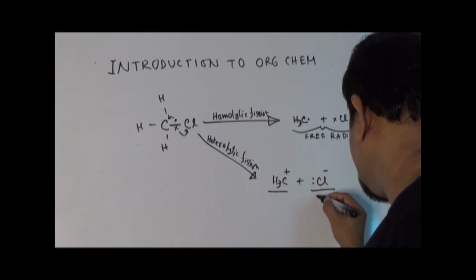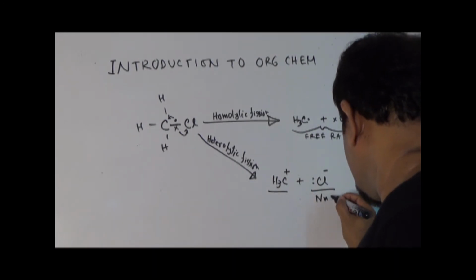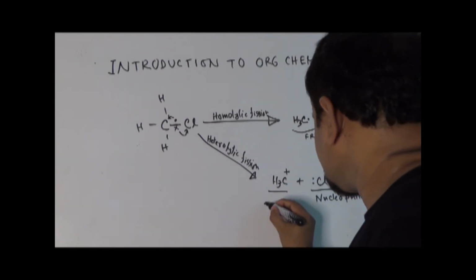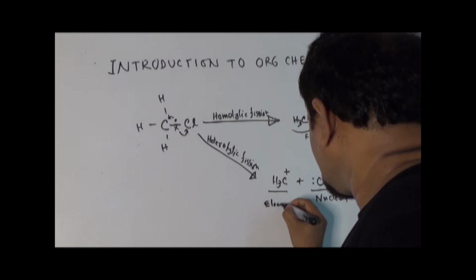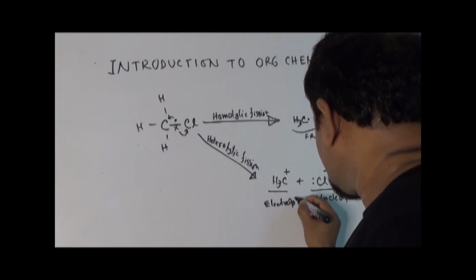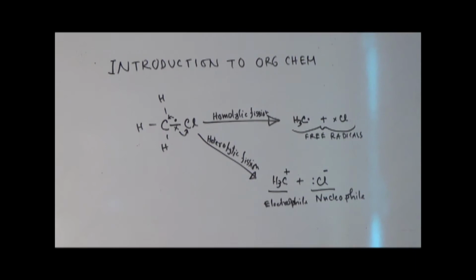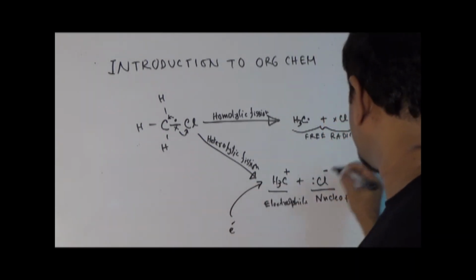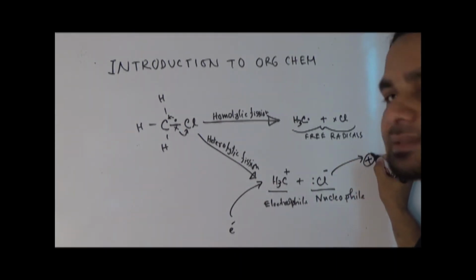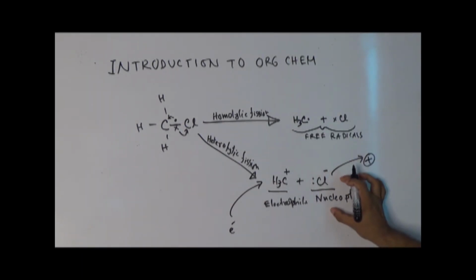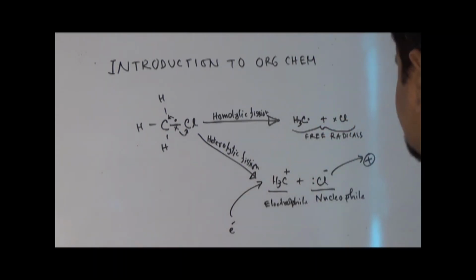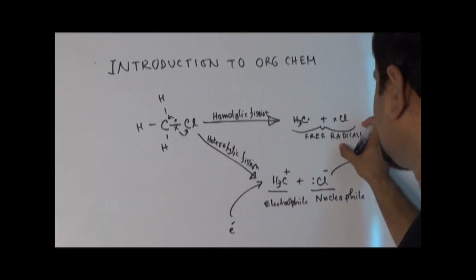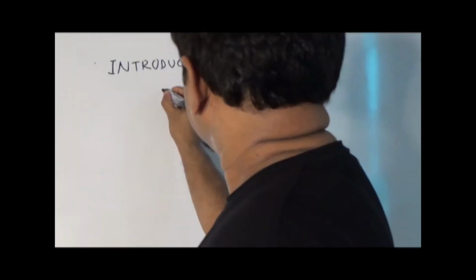Negative will be the nucleophile, and this one is electrophile. Electrons will move towards this one, so this is electrophile, and this will move towards the nucleus, so this is called nucleophile. So we have discussed already 5 terms: homolytic fission, heterolytic fission, free radicals, electrophile, nucleophile.